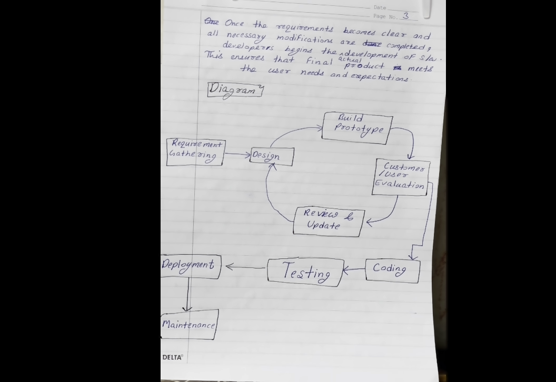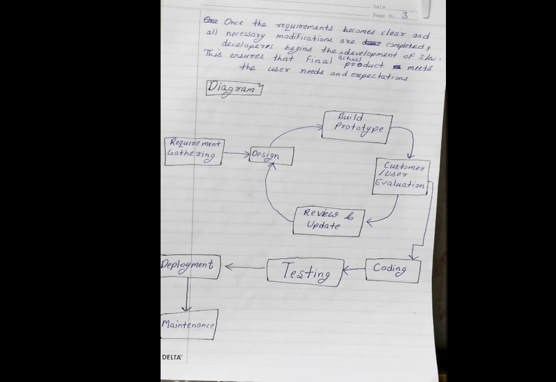Next is the review and update phase. Here, based on the feedback received from the users, developers review the prototype and make the necessary modifications. New features may be added, existing features can be improved, and errors can be corrected.